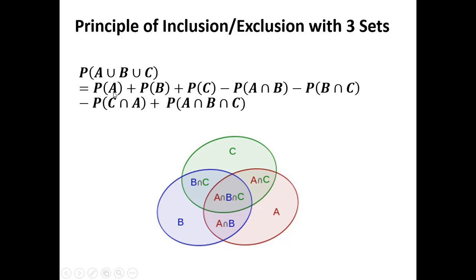So we add up all the probabilities of the individual sets. Then we have to subtract off all the two-way intersections. There are 3 of them: minus A intersect B, minus B intersect C, minus C intersect A. But now we've actually subtracted off too much, and so we have to add back the probability of the triple intersection.